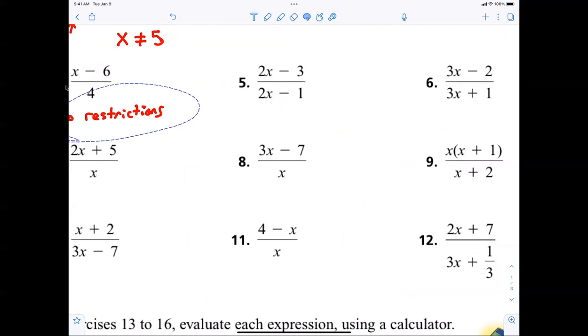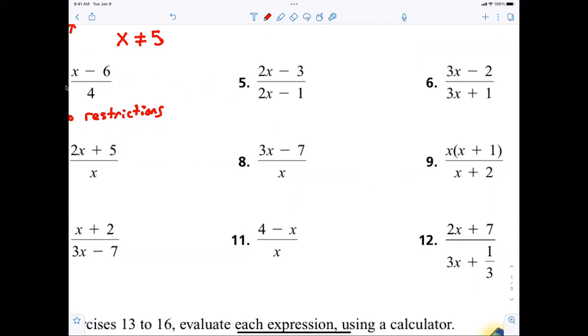Number 5. Here we go. A little bit harder, what is the restriction here? Very good. X cannot equal 1/2.